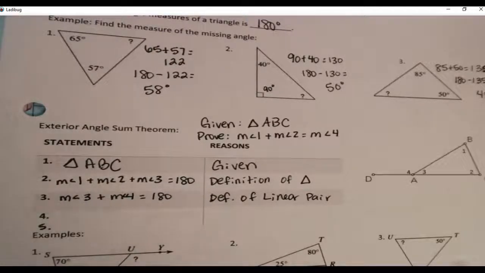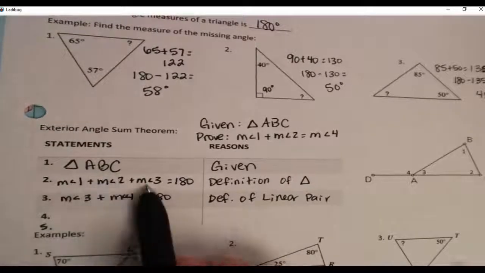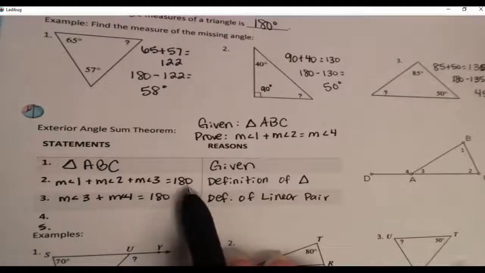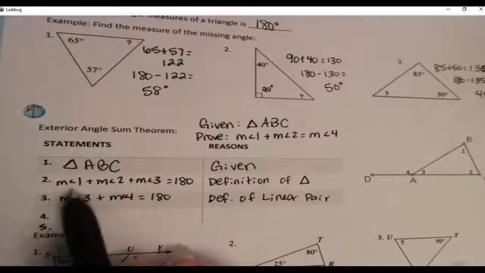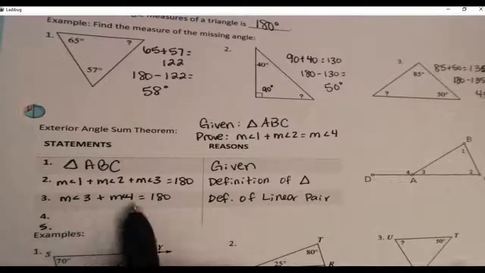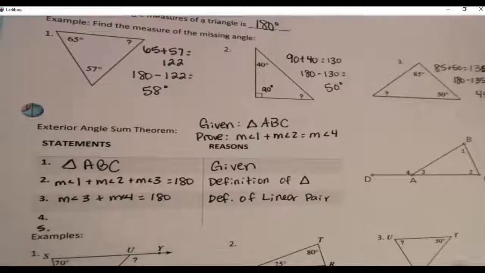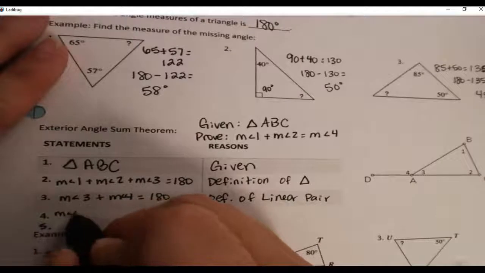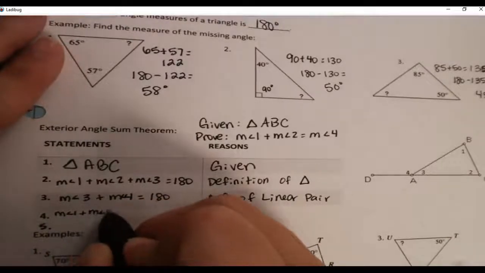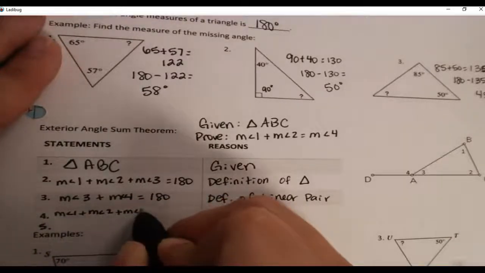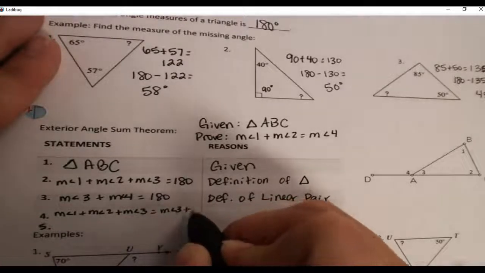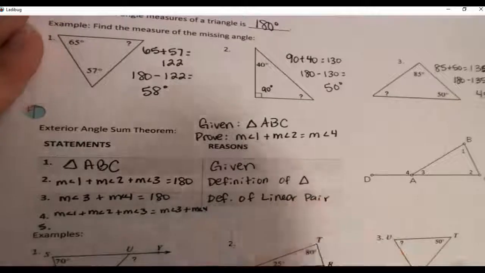Okay. Well, if 1 plus 2 plus 3 equals 180 and 3 plus 4 equals 180, can I say that the measure of these angles equals the measure of these angles? Yeah, because they both equal 180. So I can say measure of angle 1 plus the measure of angle 2 plus the measure of angle 3 equals the measure of angle 3 plus the measure of angle 4.